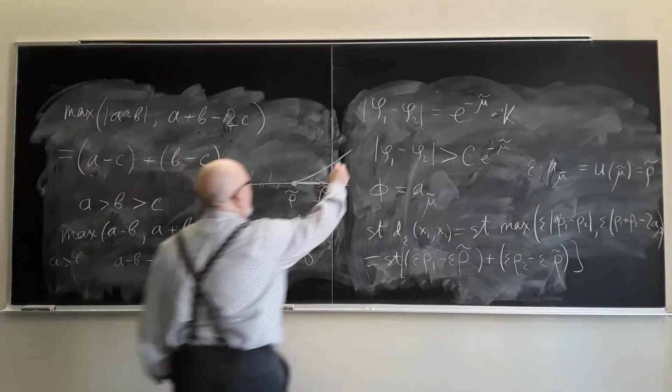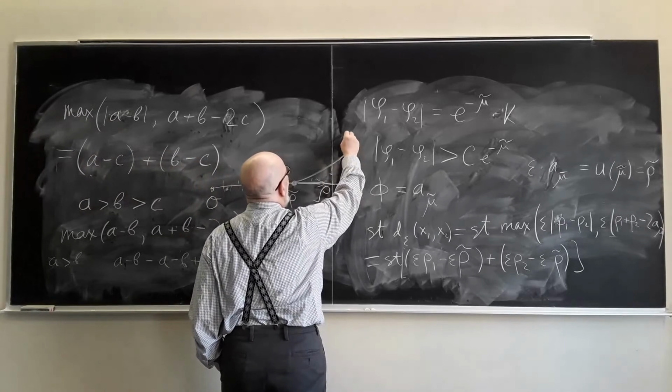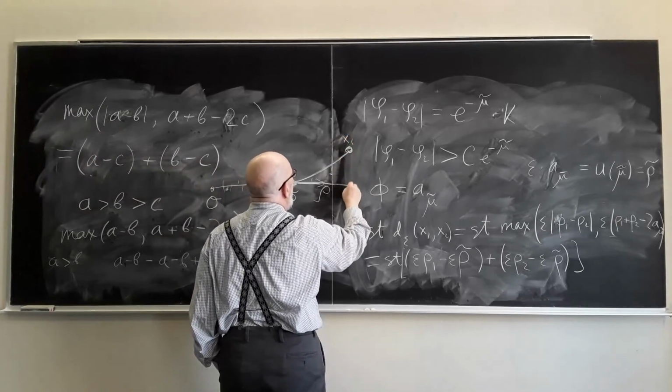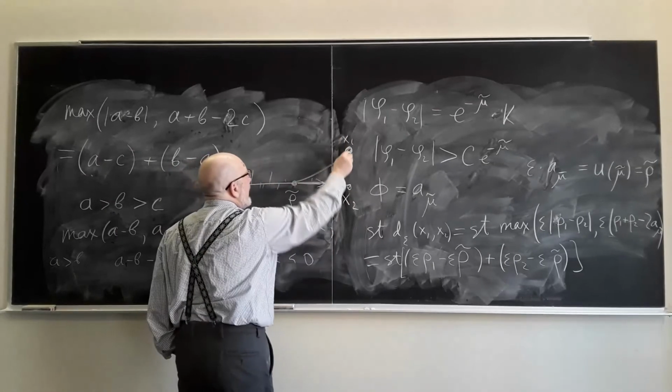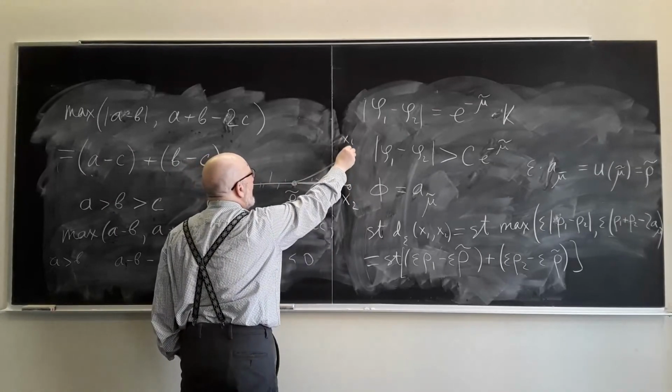Here it goes to some point x1, here it goes to some point x2, and the distance between these 2 points is found by the following formula.